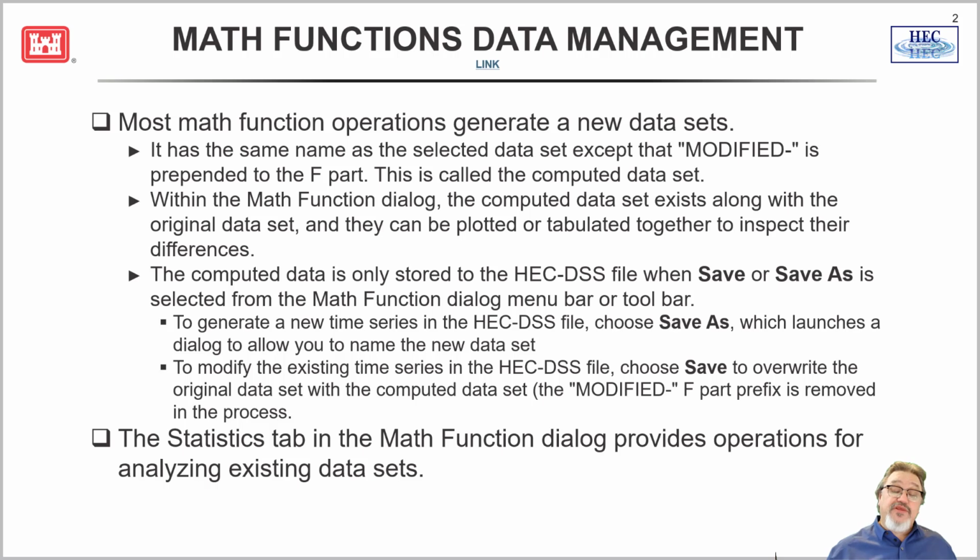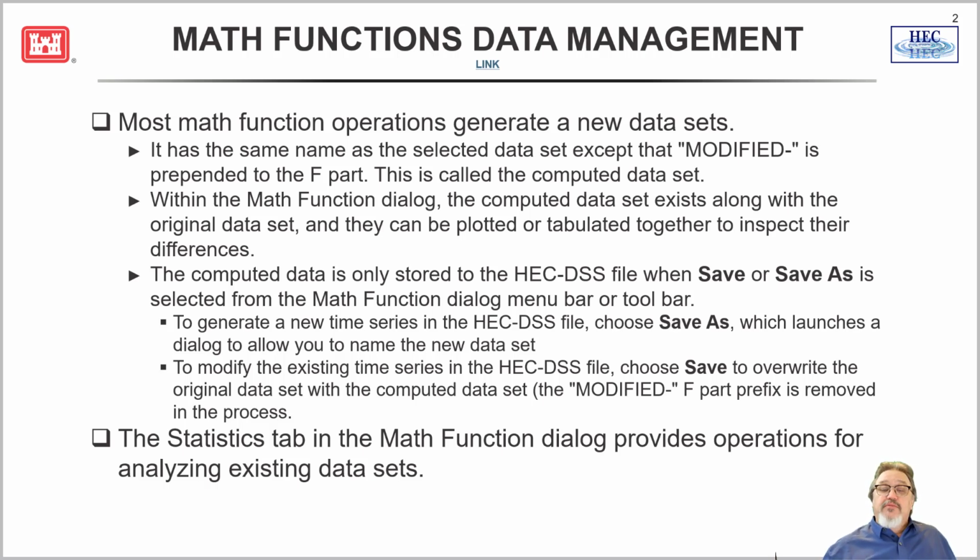And so when we talk about data sets, we're talking about the records represented by path names, but where the D part doesn't necessarily specify the entire data set extents. You're familiar with the parts of the path name, and the F part is the one that has kind of the version.